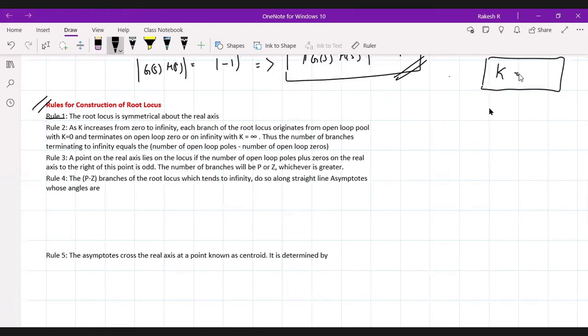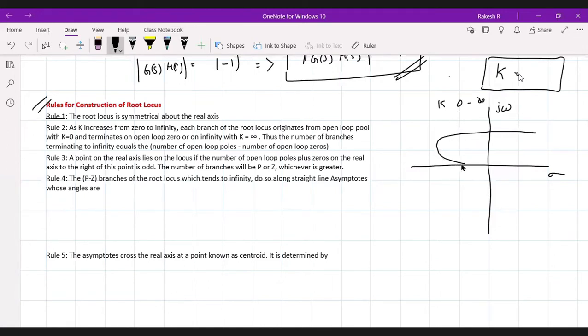If I draw the root locus here, this is j omega, the imaginary axis, and this is sigma, the real axis. If I have a root locus where one root is going like this, as the value of k varies from 0 to infinity, the roots are moving like this.